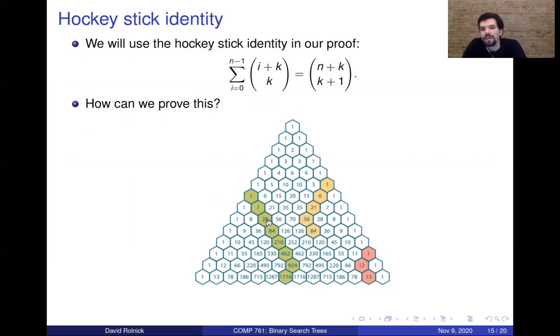The hockey stick identity says you take the things which are i plus k choose k for i equals 0. So this is 5 choose 5, 6 choose 5, 7 choose 5, 8 choose 5. You add them all together: 1 plus 6 plus 21 plus 56 equals 84, if you can do that math fast enough.